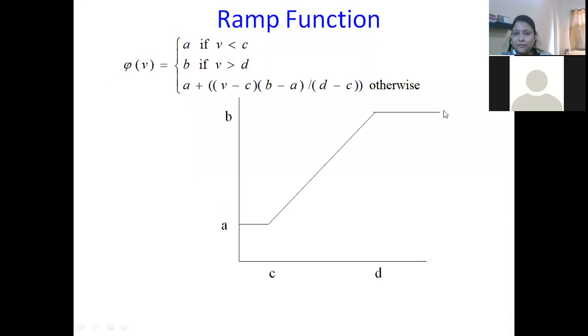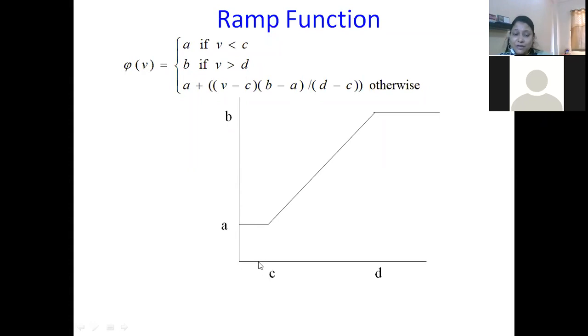So this is one kind of ramp function. All these functions are very well known to you, because they are studied in control systems. So here also, the output variable, which is a function of v, is attaining a if v is less than c.